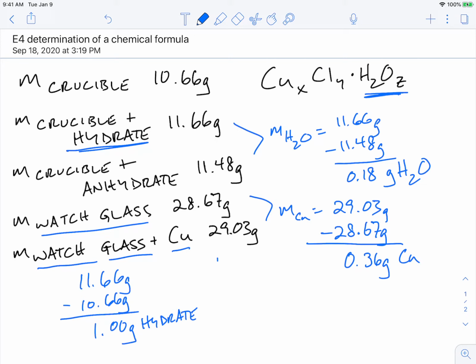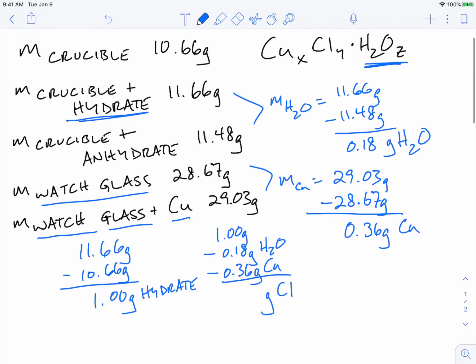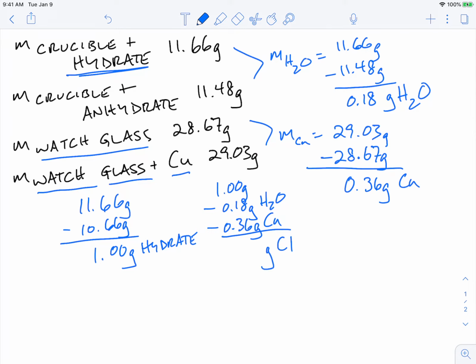So if we take our 1 gram of our hydrate and we subtract the water and we subtract the copper, that's going to tell us our grams of the chloride that we had. So 1 minus 0.36 minus 0.18, we get 0.46 grams of our chloride.